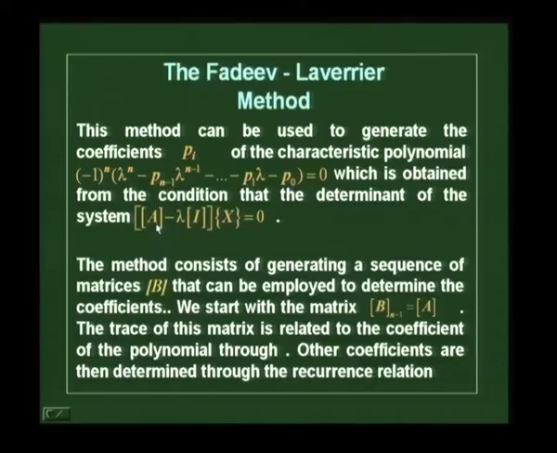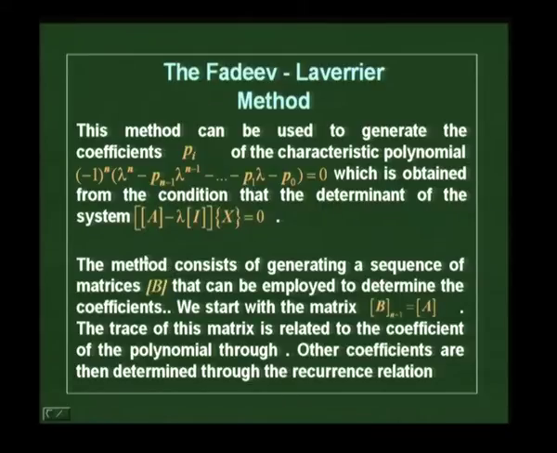So that's where we start. This particular coefficient is the trace of the matrix. You can prove this using the Cayley-Hamilton theorem, that is, every matrix satisfies its own characteristic equation. That's what we can use to prove this, but we don't go into the proof. We are looking here only at the algorithm.